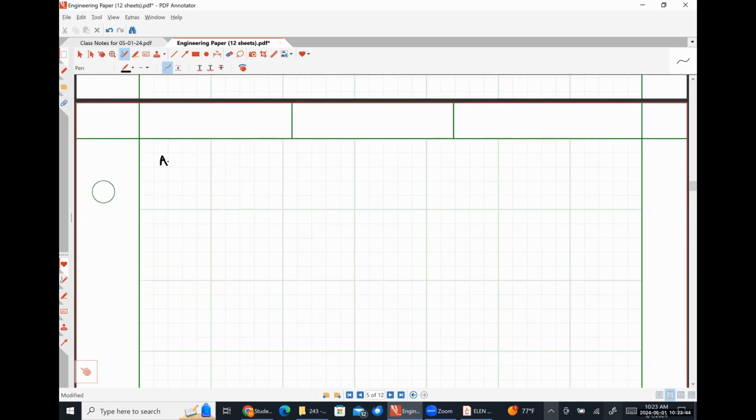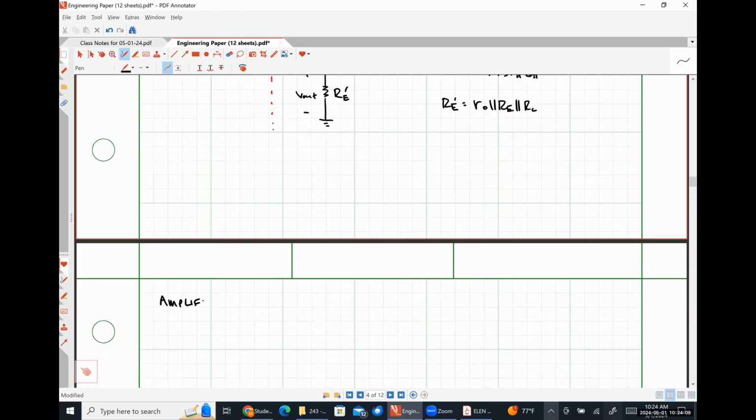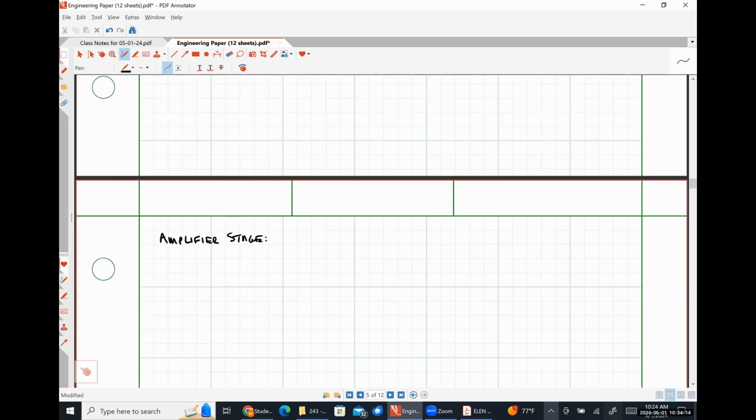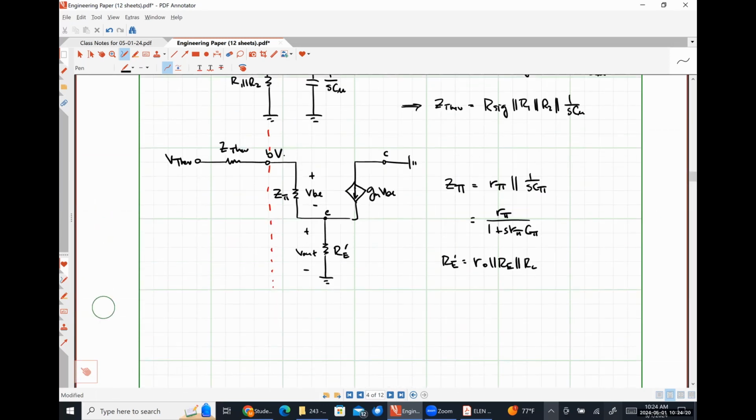So if we look at our amplifier stage by itself, I'm going to call this voltage right here Vx, just like I have done in previous times.